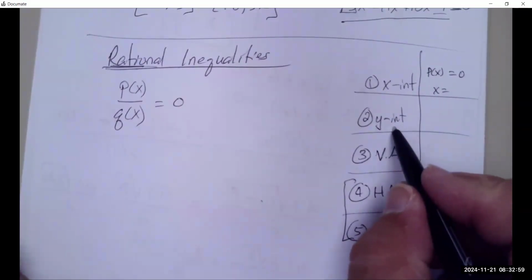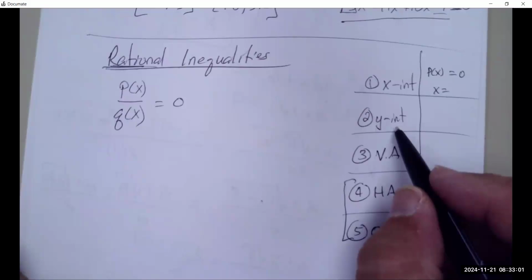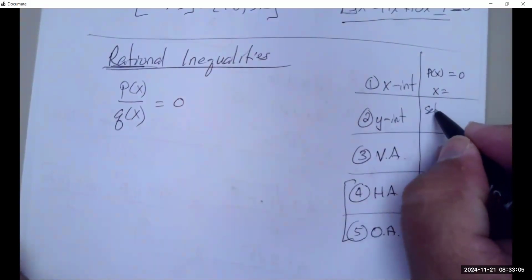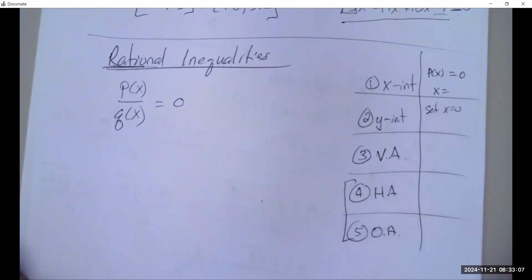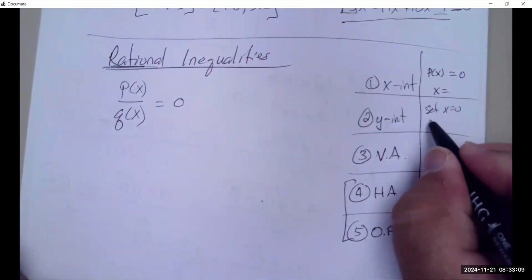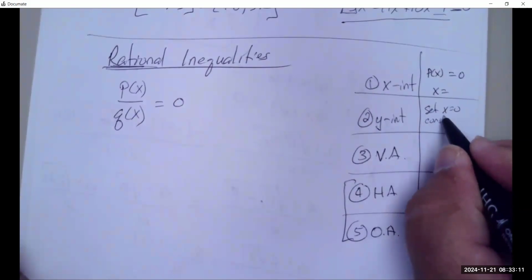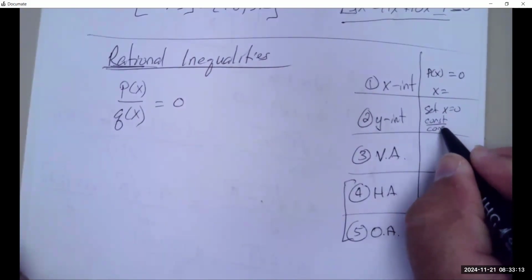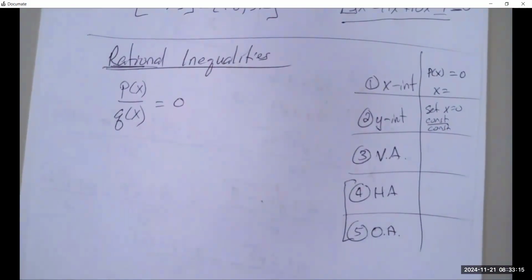Where do we find the y-intercept? Set x equal to 0. In other words, what you're only going to have are the constants over the constants. That's going to give you your y-intercept.